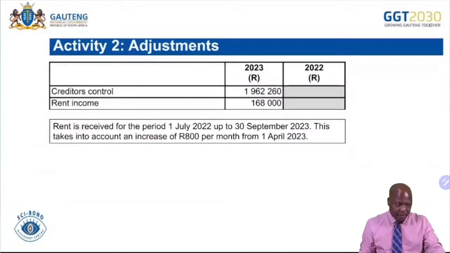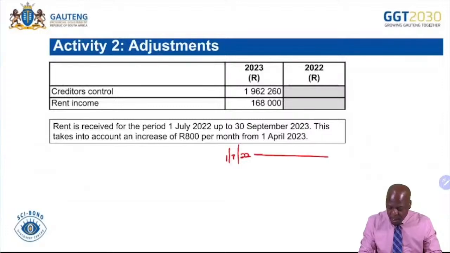And the next one says, rent is received for the period 1st July to 30 September. All right, so remember 1st July is the beginning of the financial year 2022. And the financial year is supposed to end on 30 June 2023.